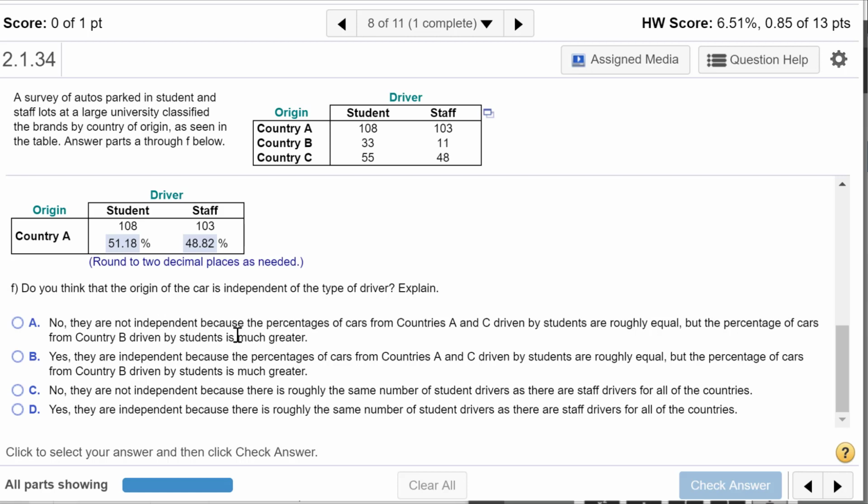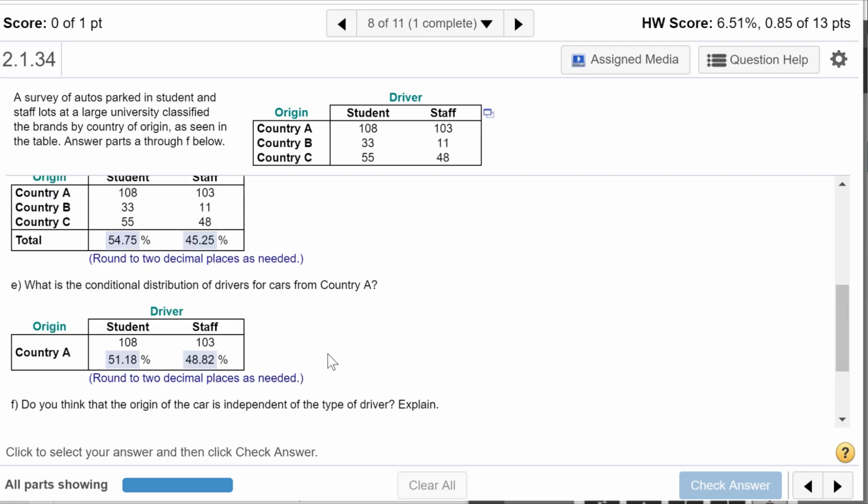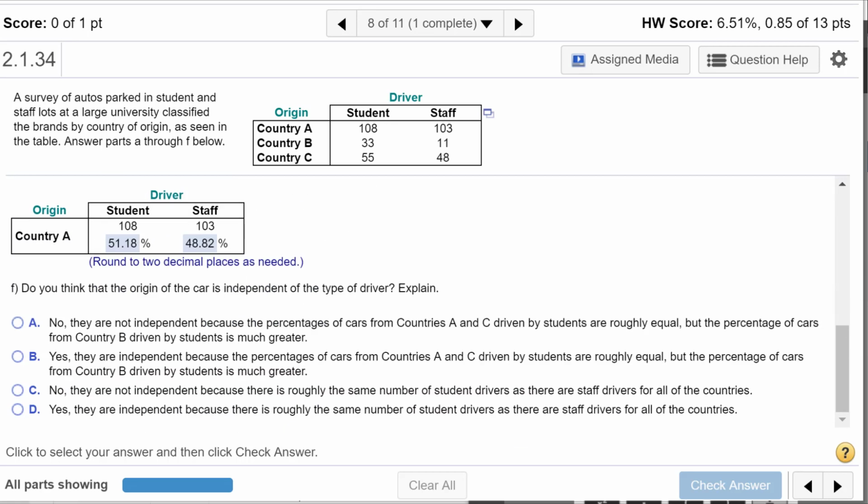Based on the reading and some of the other videos, you should be able to figure this part out based on these percentages here. So I recommend actually writing these out and putting some total columns and finding some conditional distributions within there and comparing those to see if they are close to the same. It's kind of ballpark. If you're more than about 10 percentage points away, that would definitely be not close enough. And we'll learn about what close enough is in a later chapter.